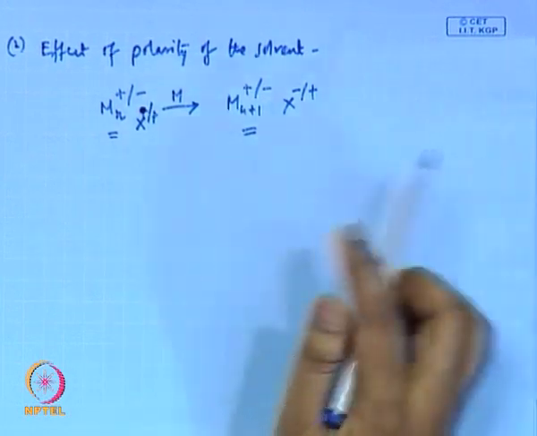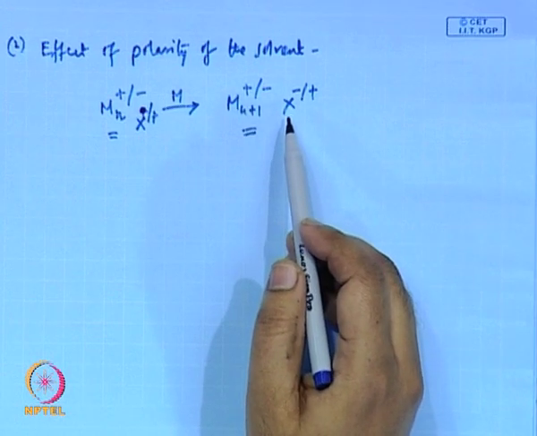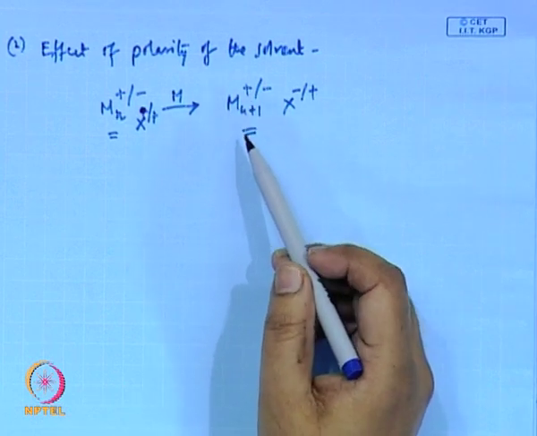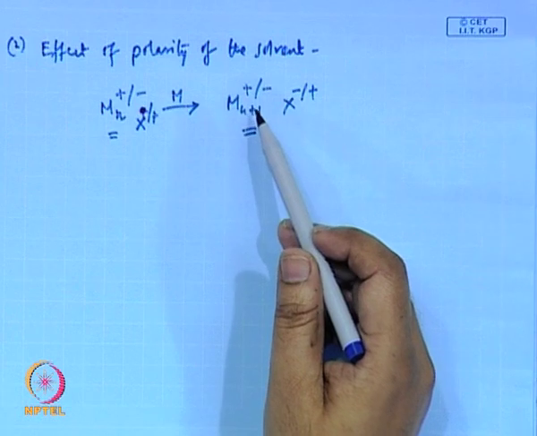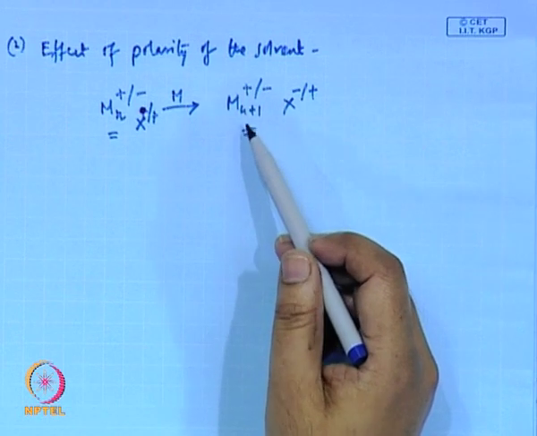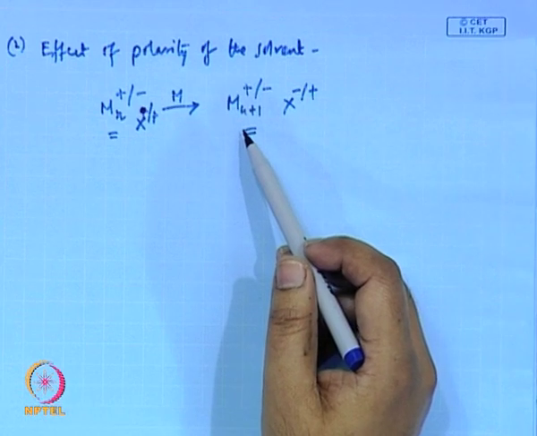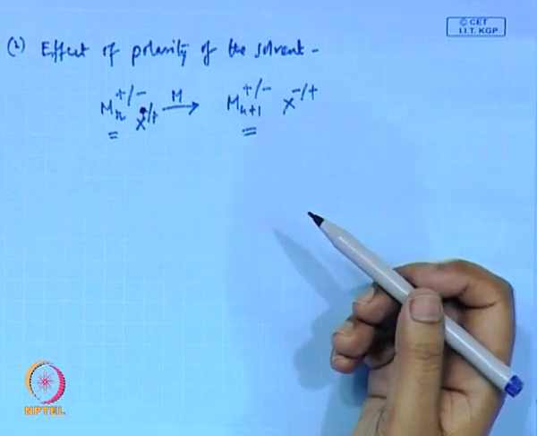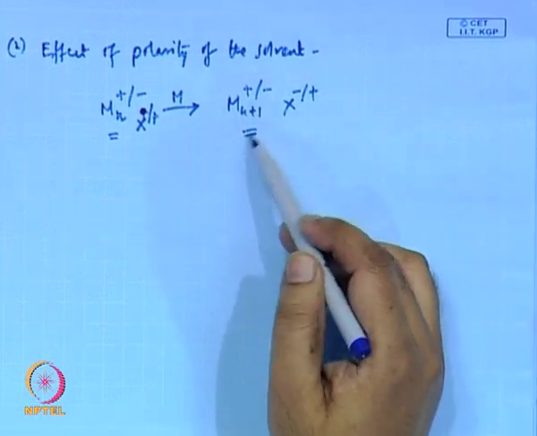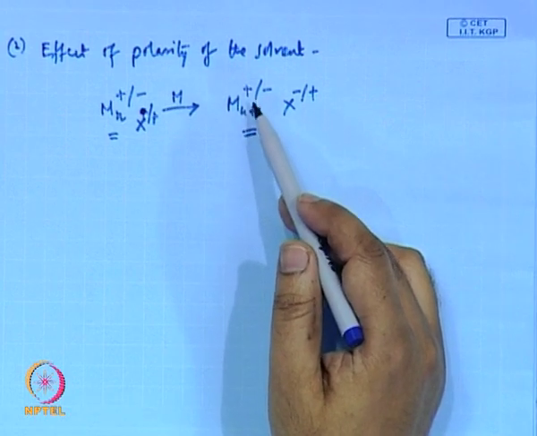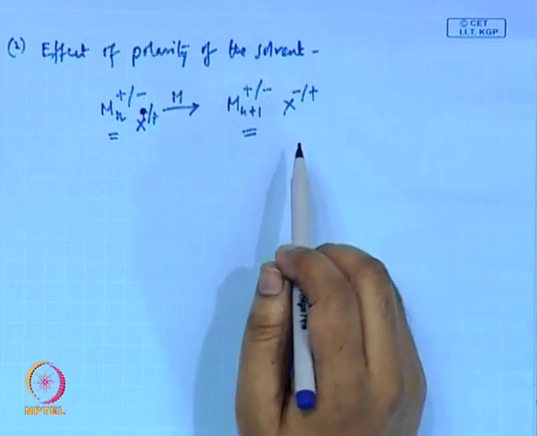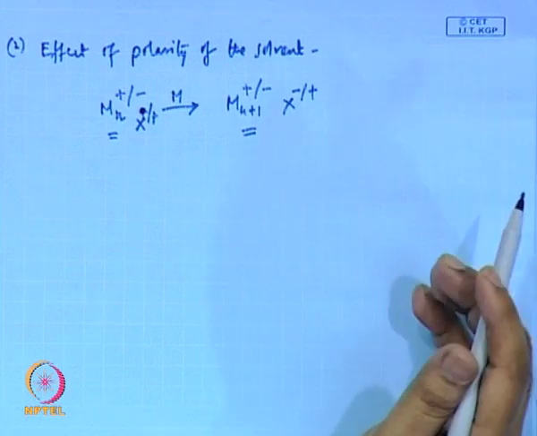What I mean is that if they are very tightly bound, a very tight ion pair, then obviously the accessibility and reactivity of this ionic center are less. So, the propagating species is less reactive, compared with a situation where they are well separated, like free ions. If these are free, they are more accessible, and the ionic propagating species are much more reactive compared to the tight ion pair.